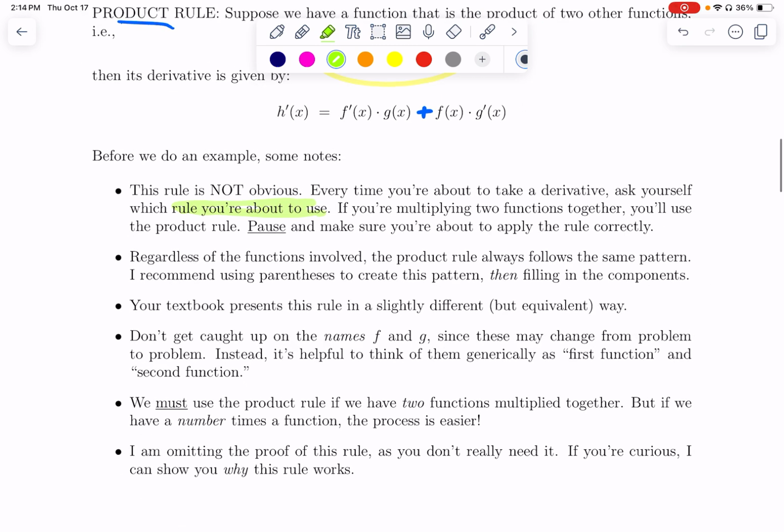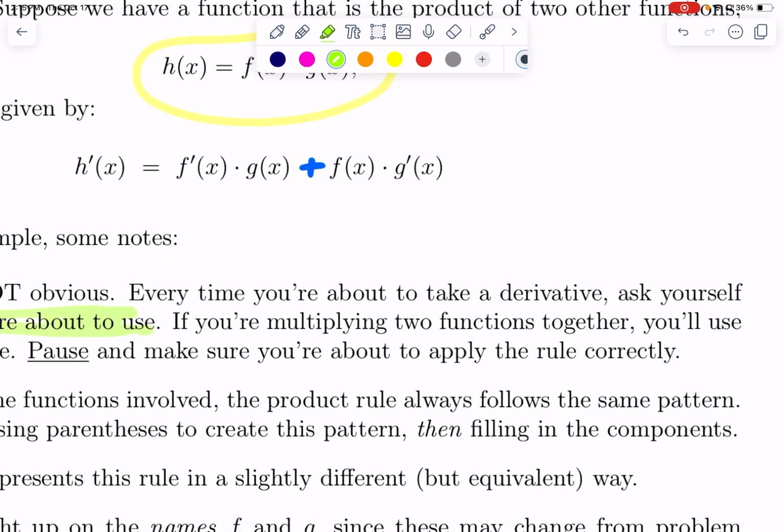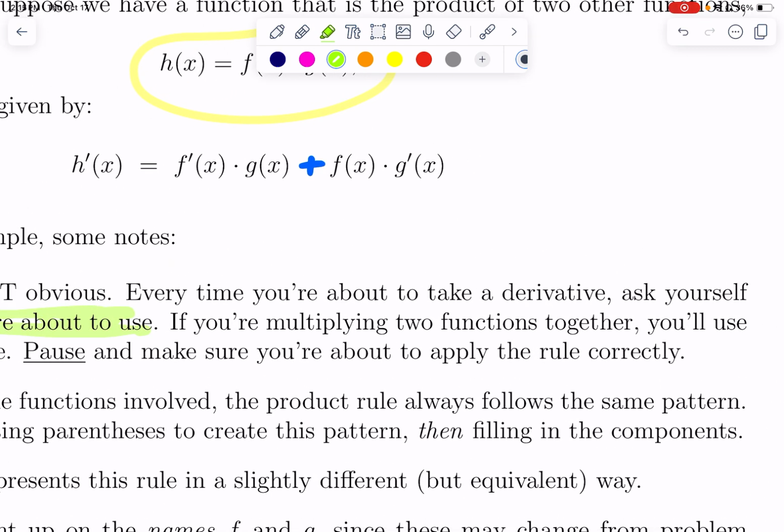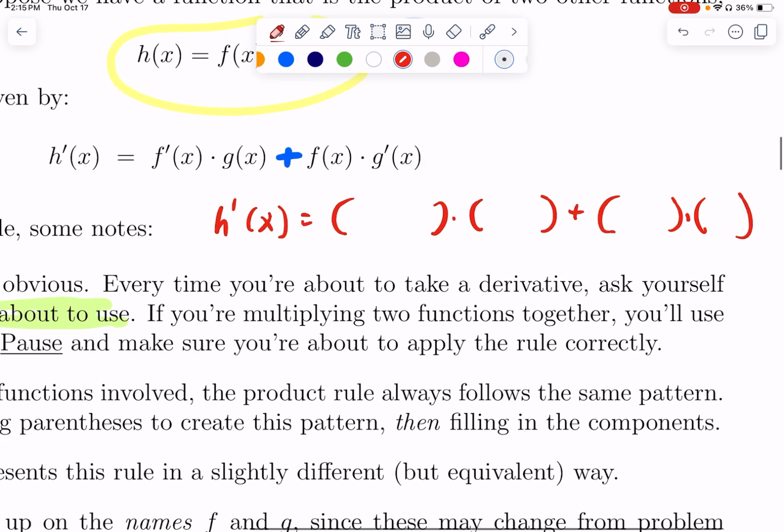Regardless of the functions involved, the product rule always follows the same pattern. So I would recommend using parentheses to create this pattern. The general form of this thing is, when we're doing the product rule, it's something times something plus something times something.